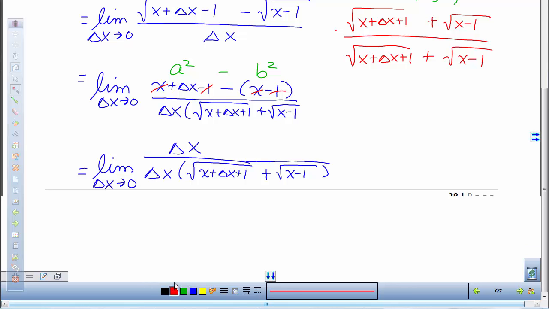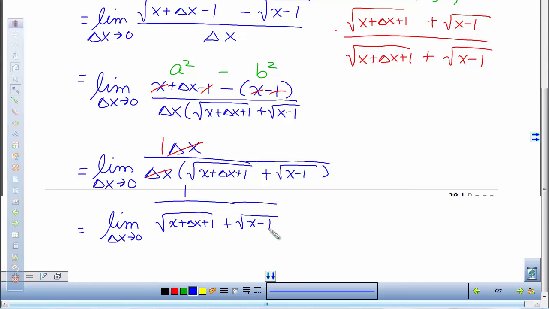The delta x's will cancel, and so we get, of course, we've got a 1 here to hold its place, so we end up with the limit as delta x approaches 0 of 1 over the square root of x plus delta x plus 1 plus the square root of x minus 1.